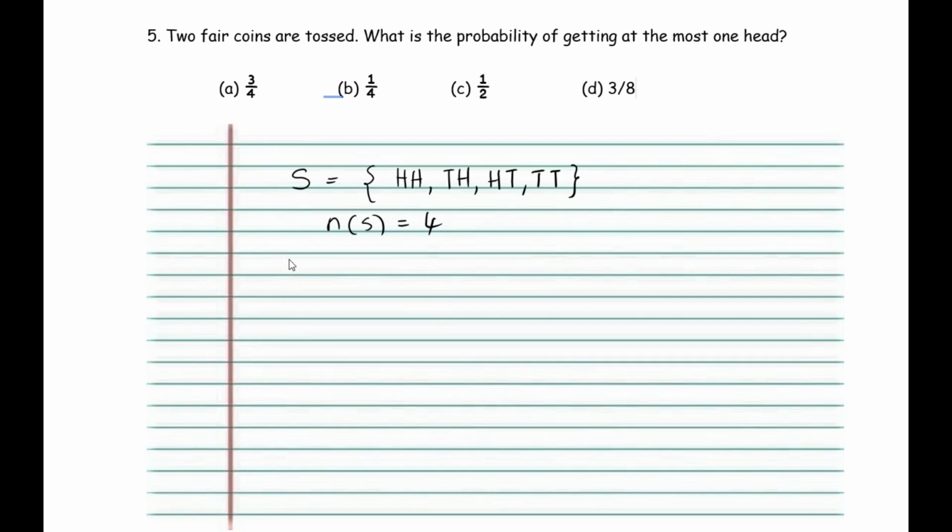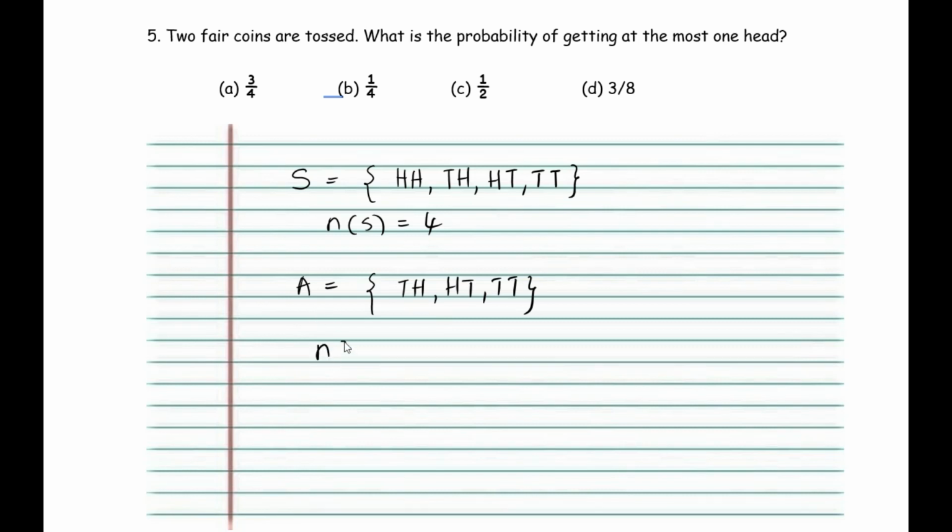The sample space is also called all the possible outcomes, which is 4. Now, the favorable event is getting at most one head. Let A be the event of getting at most one head. It is TH or HT or TT. Students, you should understand, getting at most one head means it can be one head or no head.